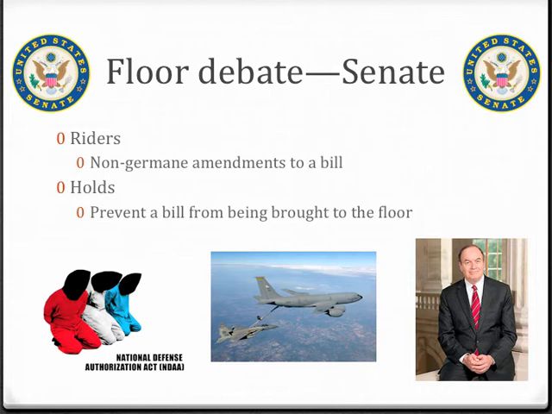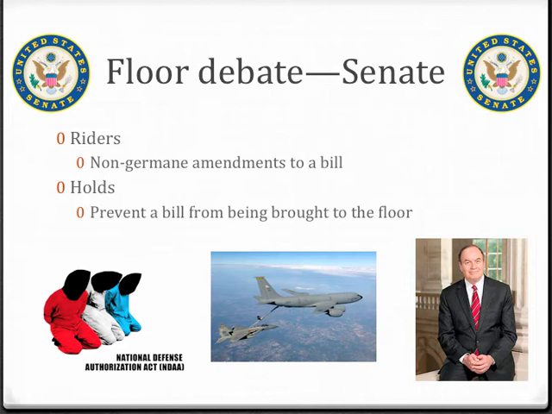The bridge doesn't have anything to do with the budget or defense, but he can try to attach his bill onto the defense budget bill, and he can try to get it passed along with that. It's an amendment to a bill, so he's adding something, and it has nothing to do with what the bill is actually about. That would be a rider.